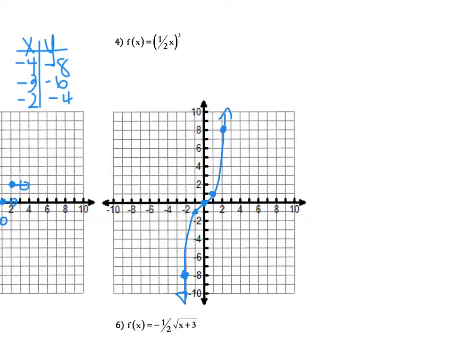And the transformation is going to be to multiply the x values by the reciprocal of the a value in front of x, which is going to be 2. So I'm going to take each one of these ordered pairs. So this is 1, 1, -1, 1, and we're going to multiply them by 2.